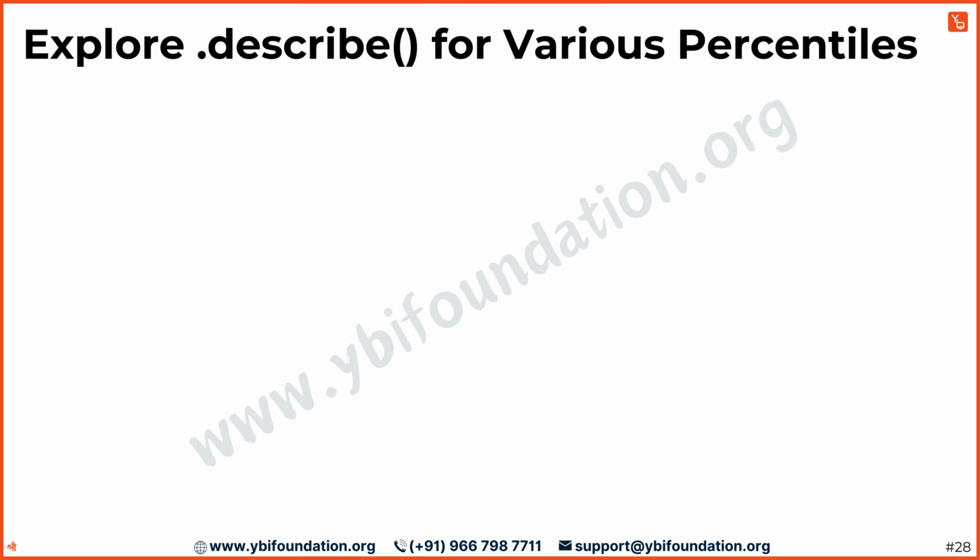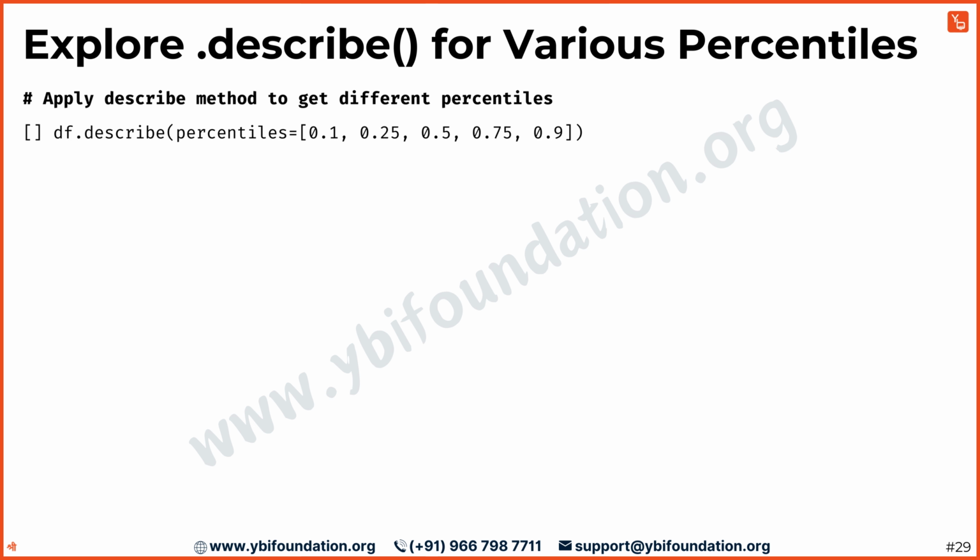By default, when you use the describe method in Pandas, it calculates percentiles at the 25th, 50th, and 75th positions. However, describe method allows you to customize these percentiles to better suit your analysis. To specify your own percentiles, you can pass a list of values to the percentiles argument.